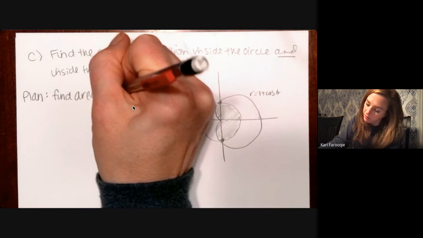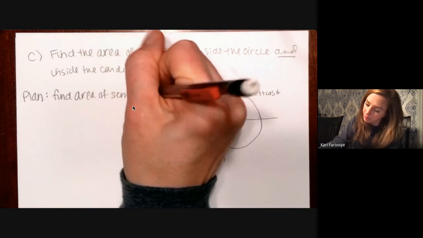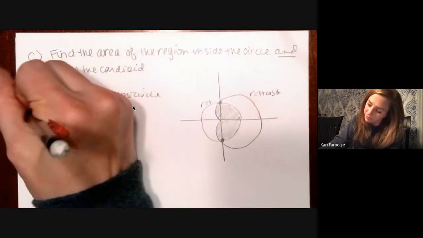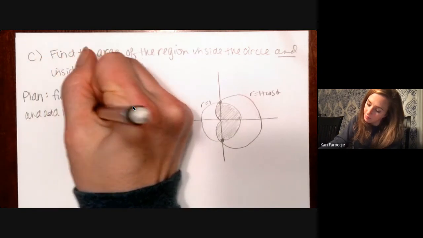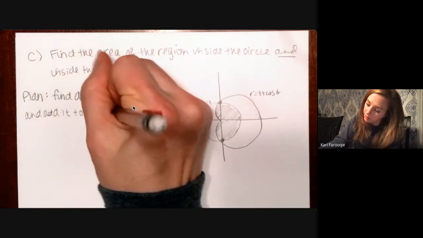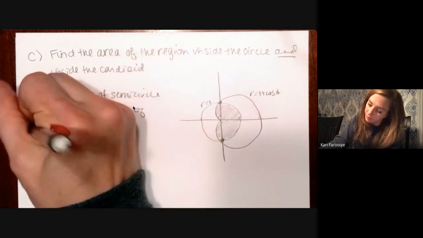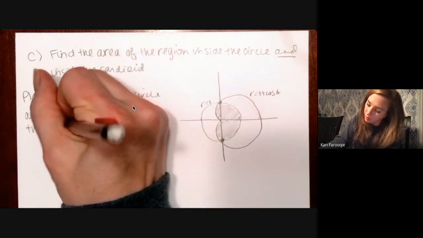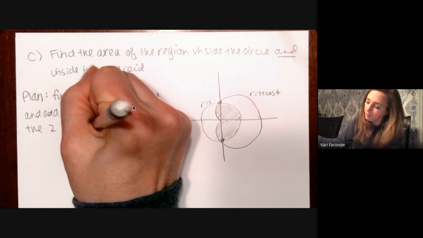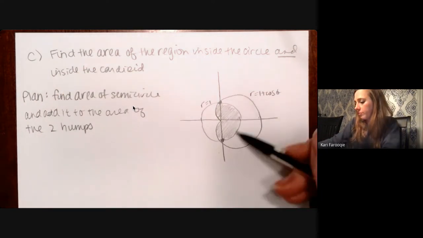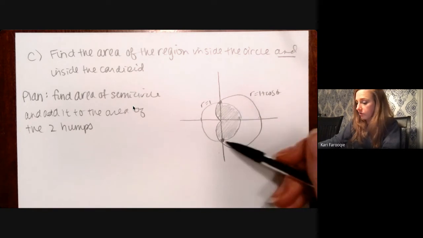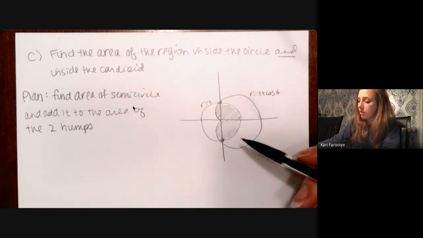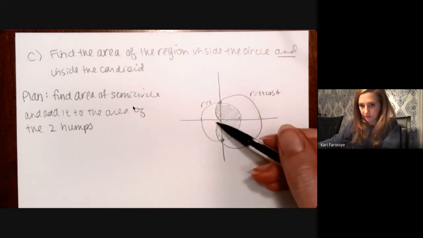Find the area of the semicircle and add it to the area of the two humps. Okay, so here's your semicircle, this region that's just to the right of the y-axis. So I'm going to find that area, and I'm going to add it to the area of these humps.